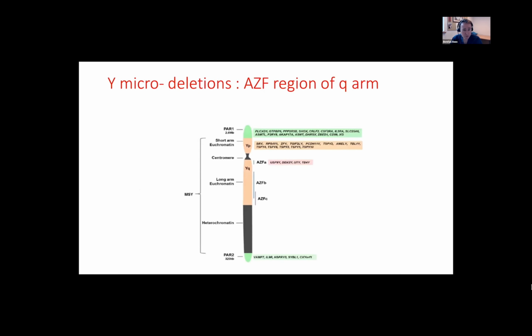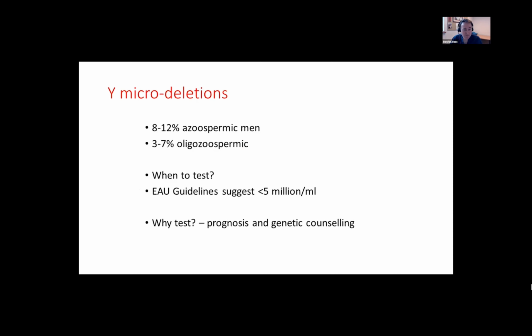Next one, Y microdeletion. There is a zone on the Y chromosome, the so-called AZF region of the Q arm, azoospermia factor, divided into A, B, and C. Deletions of the AZF region can be found in up to 12% of men.